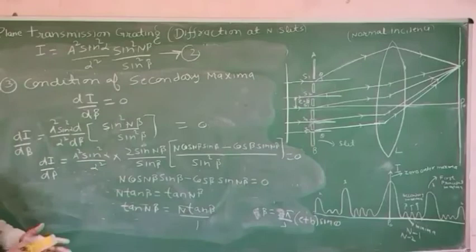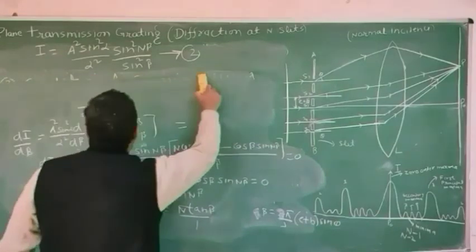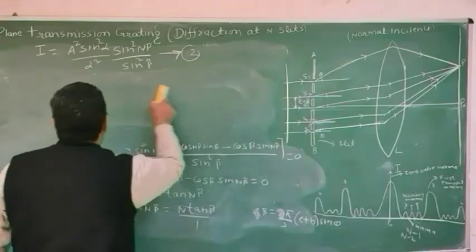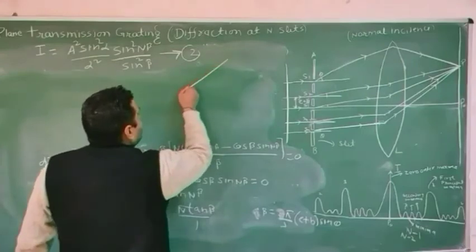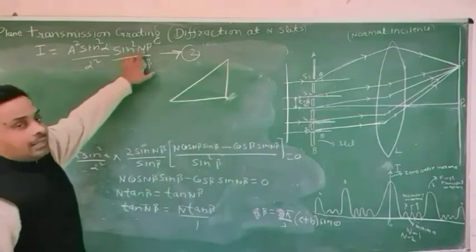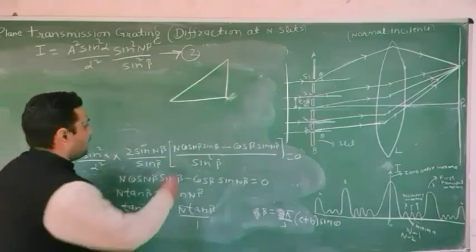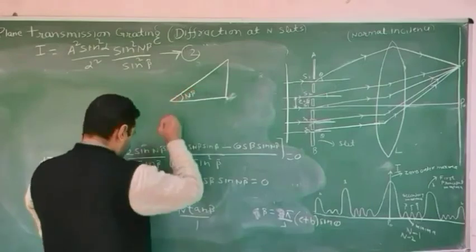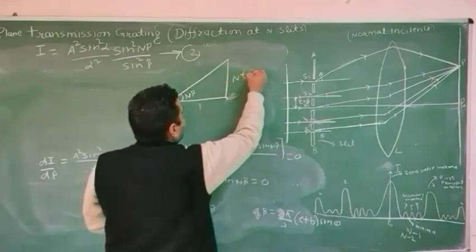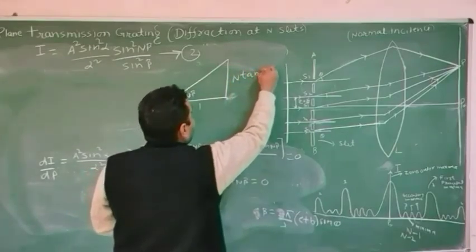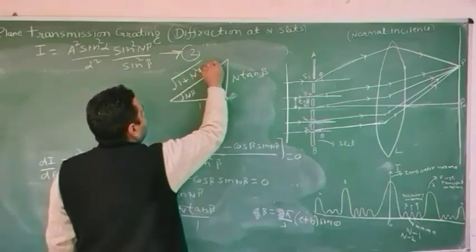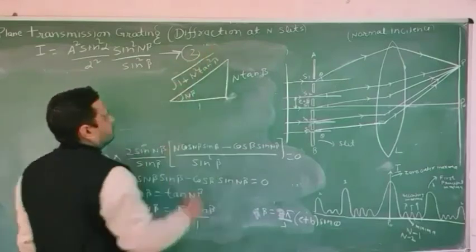Now, using the triangle law, we can calculate the secondary maximum. Basically we are supposed to calculate sin nβ. Now the triangle is here: the base is 1, the perpendicular is n tan β, and the hypotenuse will be the square root of 1 plus n square tan square β. Understand?